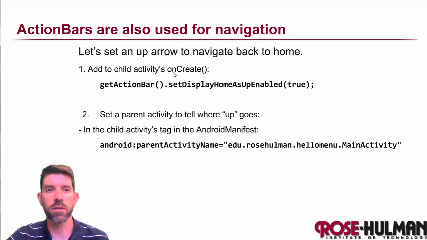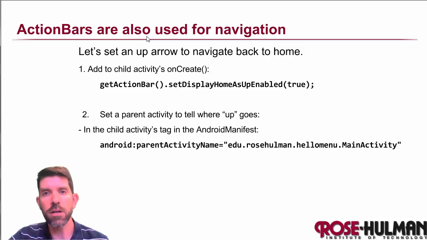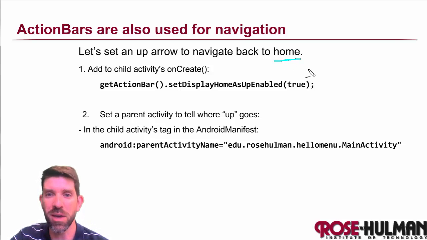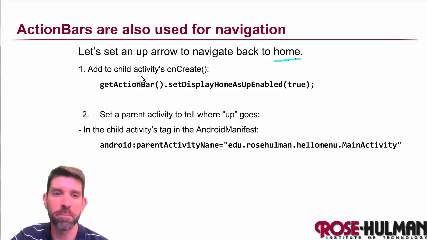Sort of more interestingly, I also can use an action bar for navigation. As we saw, when I clicked the icon, essentially, it went back home, and unfortunately for me, it went back home into Gmail, and it didn't go back to mine.